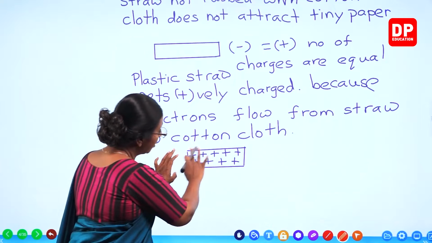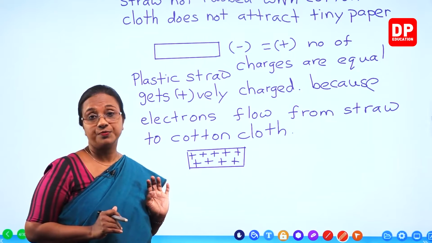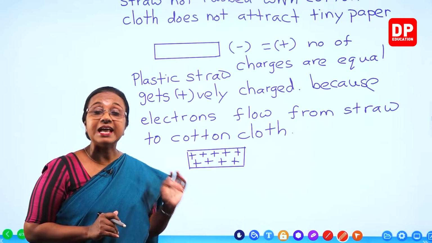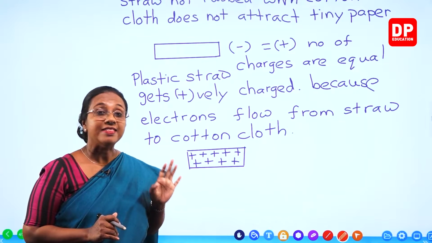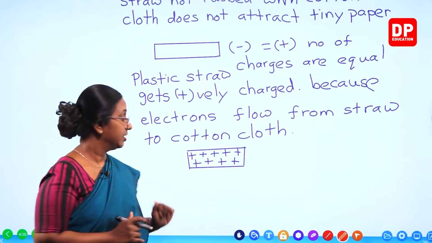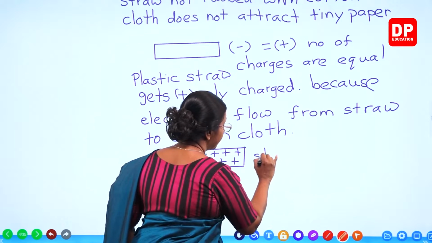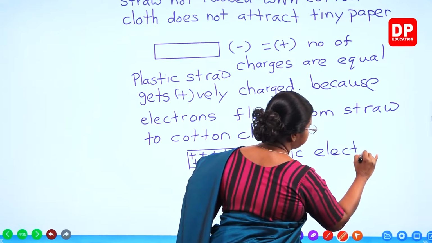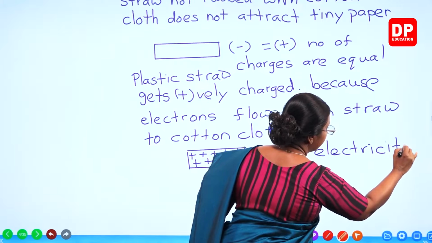It is present on the surface of the straw. So those charges are what we call static charges. And that is why this is known as static electricity.